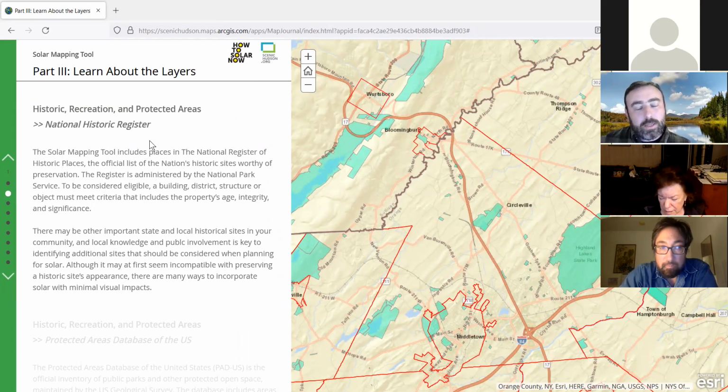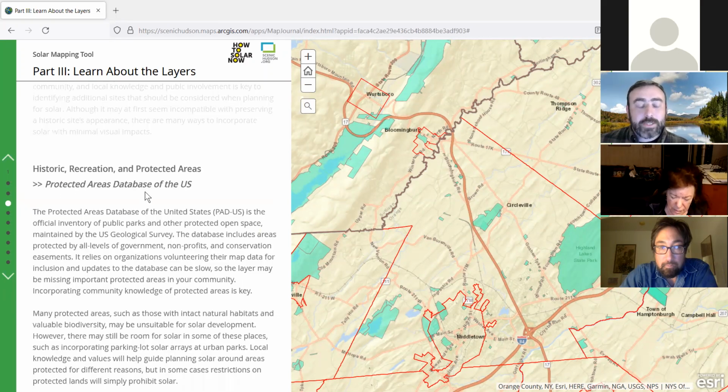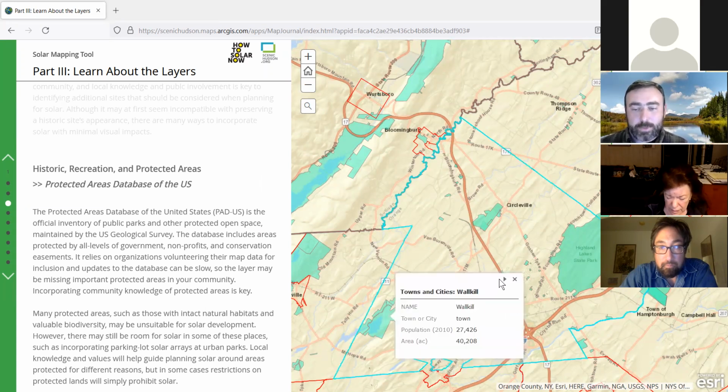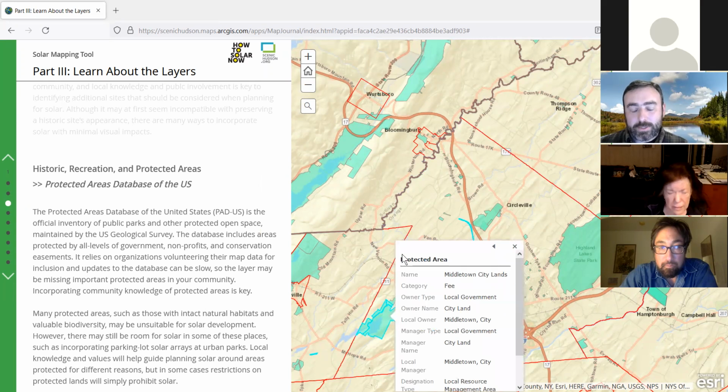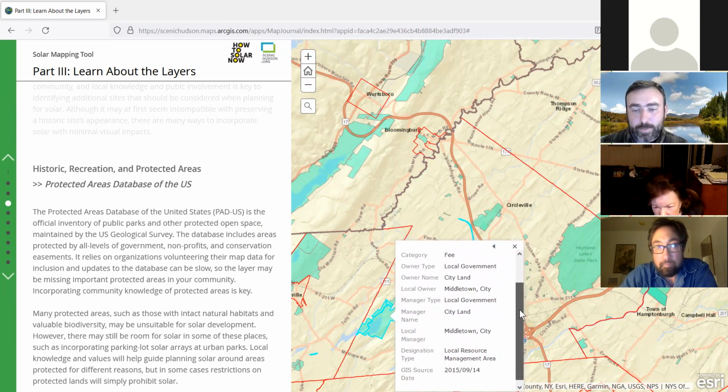These are the National Historic Register listings in New York State. We also have protected areas from the protected areas database of the US. They're both colored the same because they're a little bit similar, but if you click on them, it'll tell you whether it's a protected area or a historic site, and give you some more information about it.